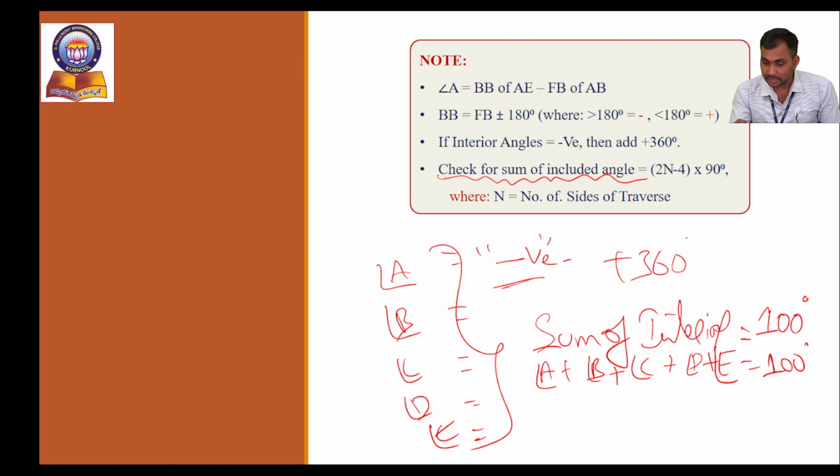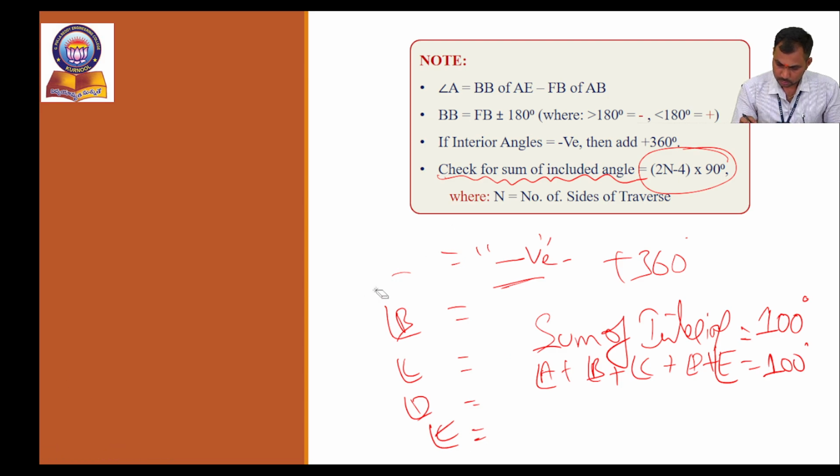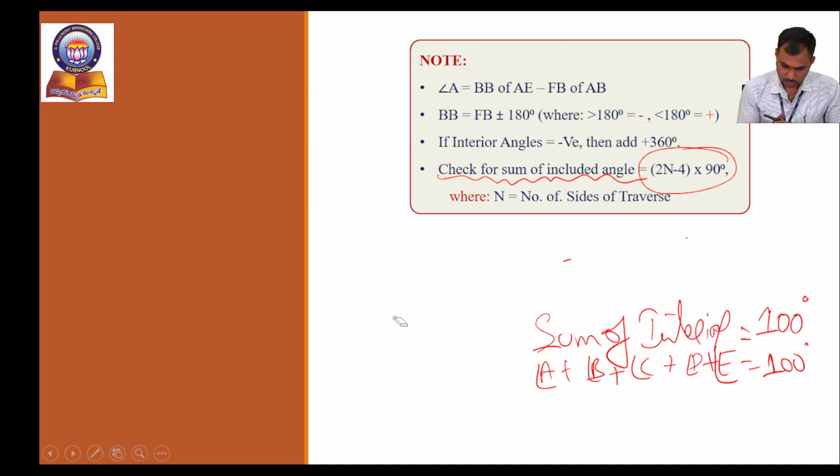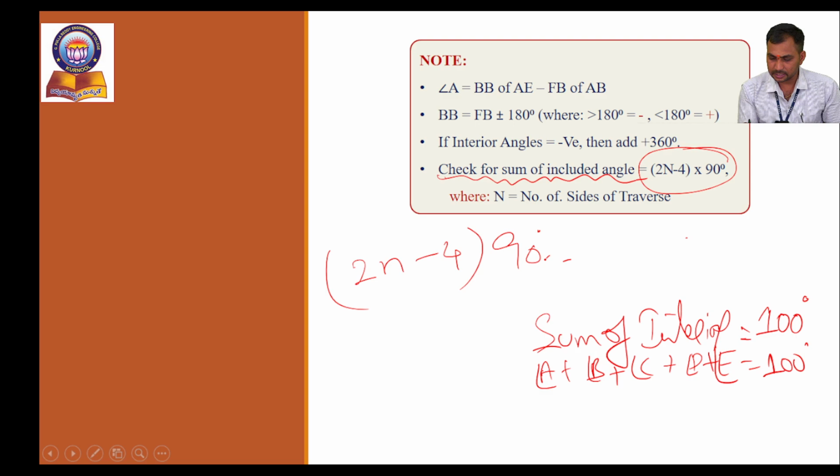So there is a small formula, another check: 2n minus 4 into 90 degrees.